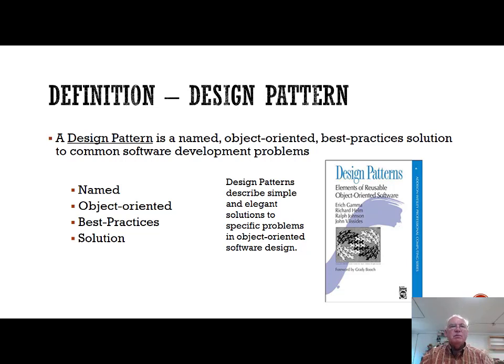We want to have reusable code. Reusable meaning that it's something that we could have for this application and use it just as it stands for some other application, or maybe take it and modify it a bit for some other application. So reusability is even a piece of the title of this book, and it's an important piece of what we get out of having design patterns. But to top it off, it all has to be understandable.